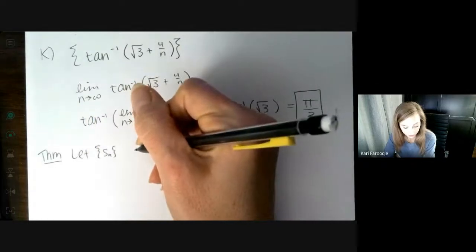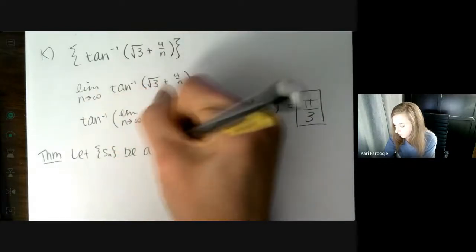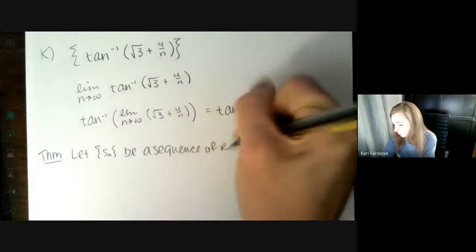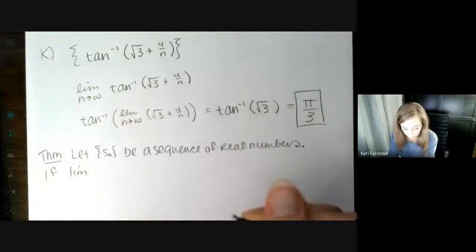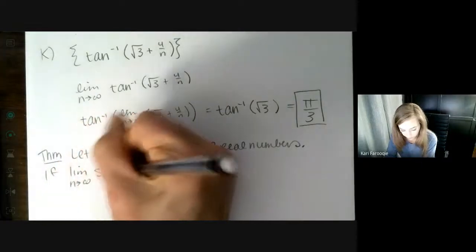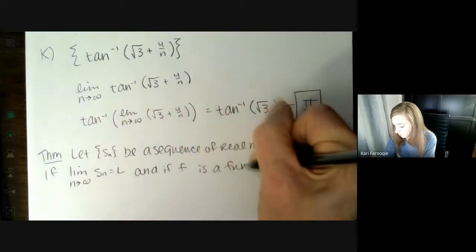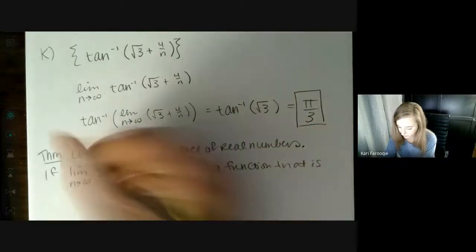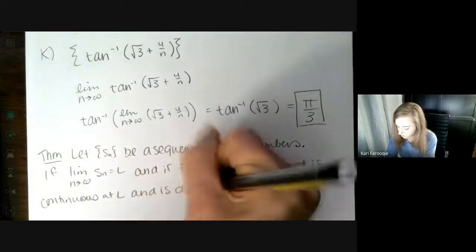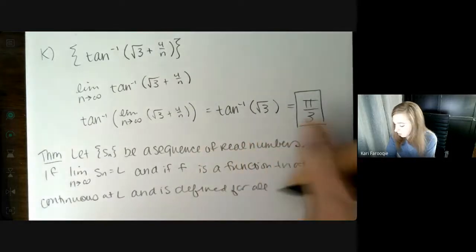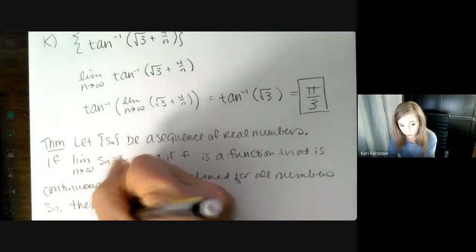Let S sub n be a sequence of real numbers. If the limit as n approaches infinity of S sub n equals L, and if f is a function that is continuous at L and is defined for all numbers S sub n, then here's what we've been using the last two examples.